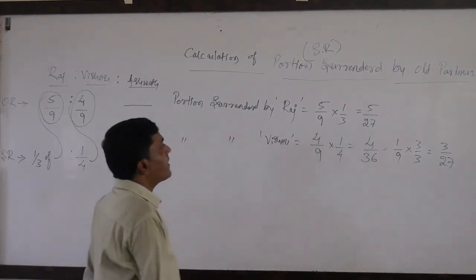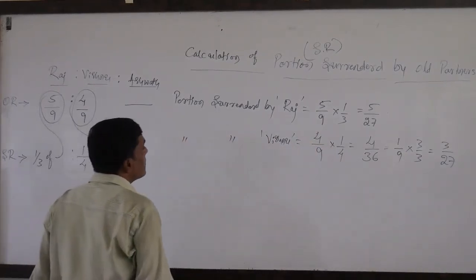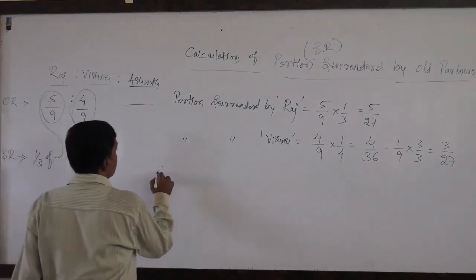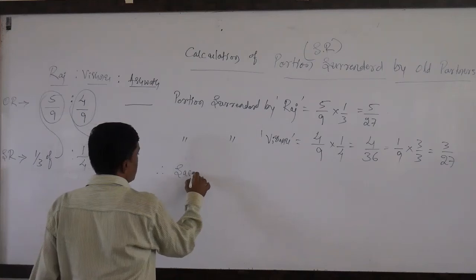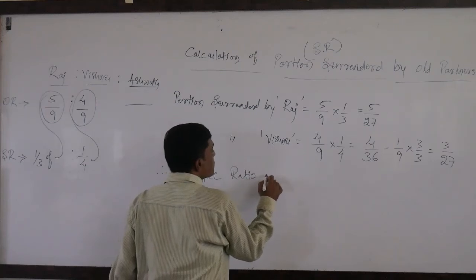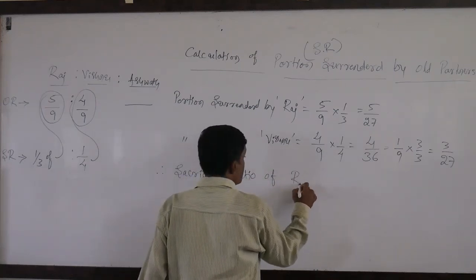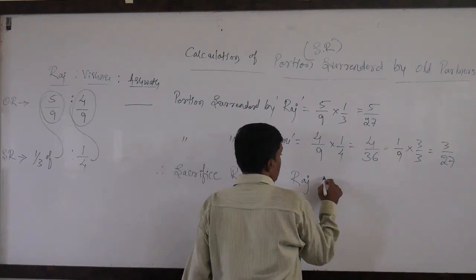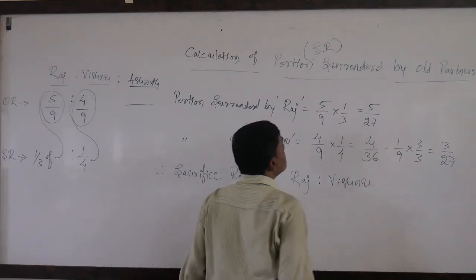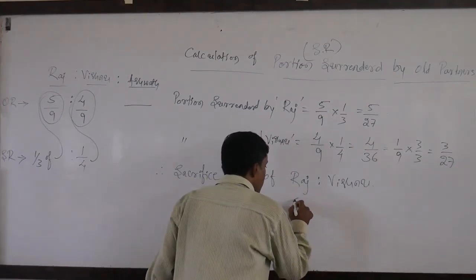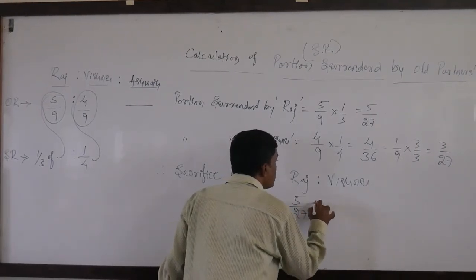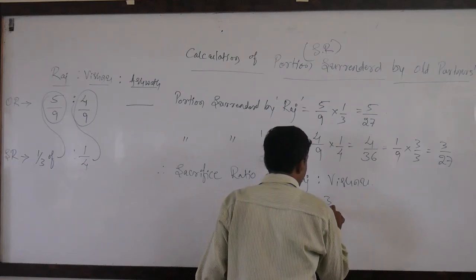So now we can get the same fractions, so that it is very easy to ascertain the ratios. Therefore, the sacrifice ratio of Raj is to Vishnu. The sacrifice ratio of Raj is 5/27. Vishnu's is 3/27.